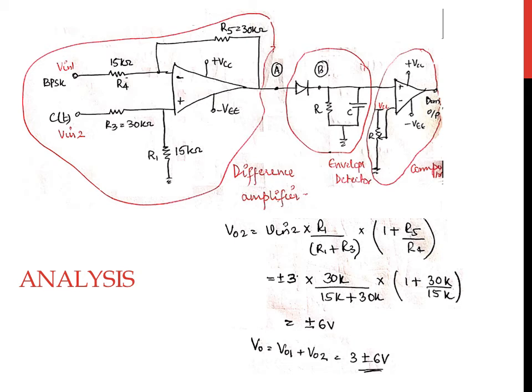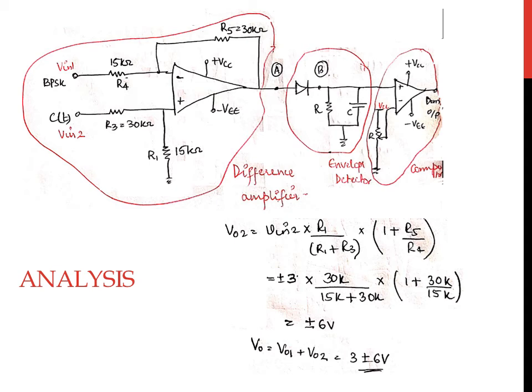The input to the circuit is C of t, which is plus or minus 3 volt. So, we have Vout2 equal to plus or minus 6 volt, and the output voltage of the difference amplifier is Vout1 plus Vout2, which is equal to 3 plus or minus 6 volts.